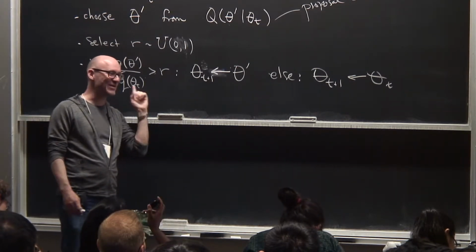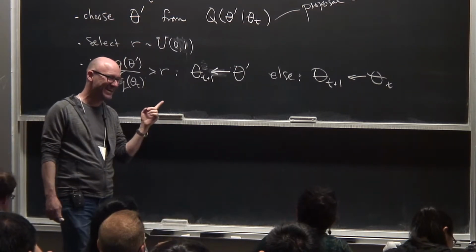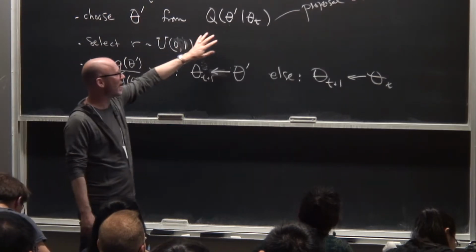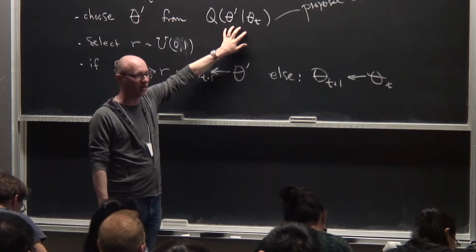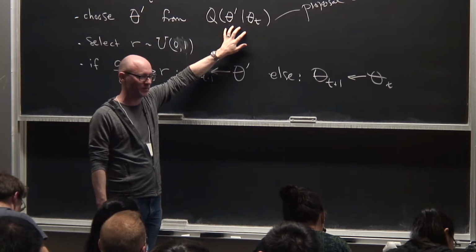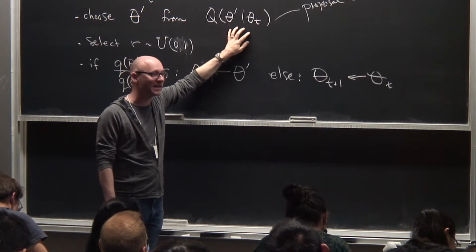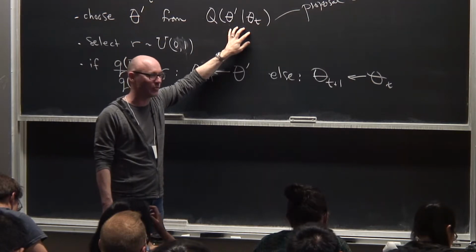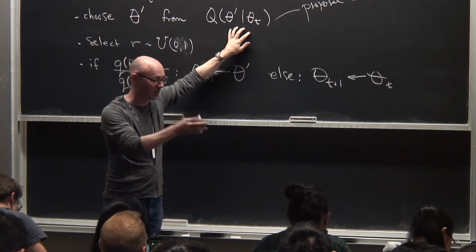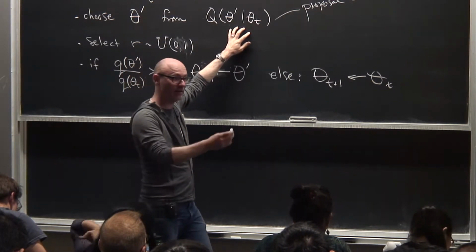Now, I've never run this for infinite time, so it is true, as you're identifying, all of the art is in choosing your proposal distribution. Everything is about the proposal distribution. If you choose it badly, you do badly, and if you choose it well, you do well. That's what it's all about. I'm about to talk about that.